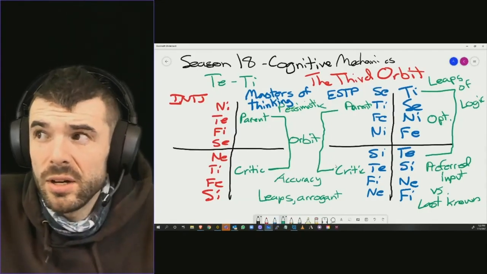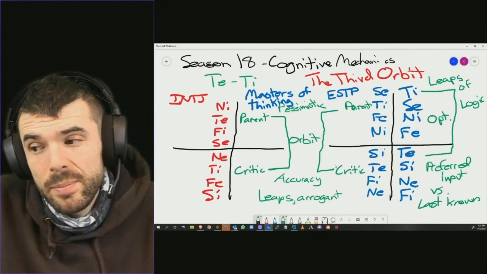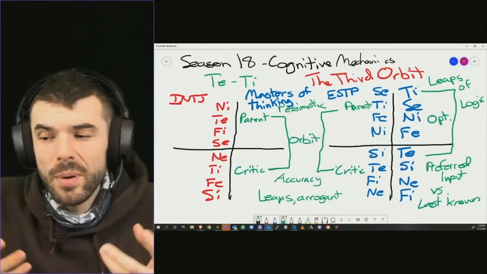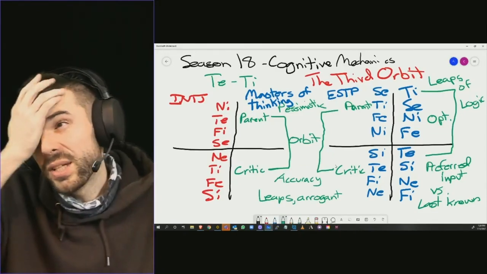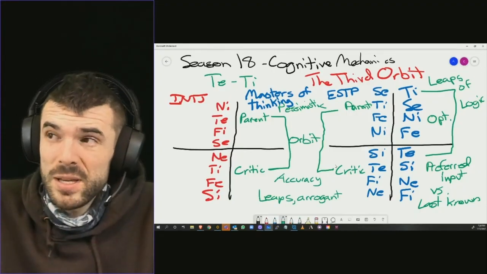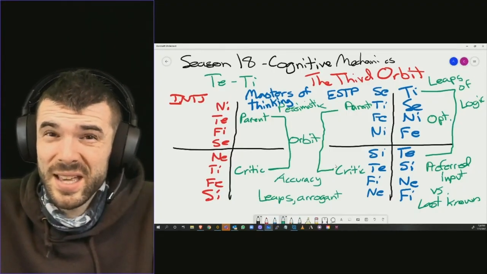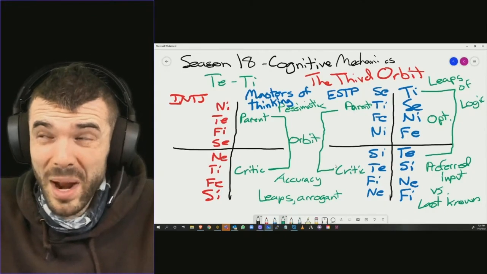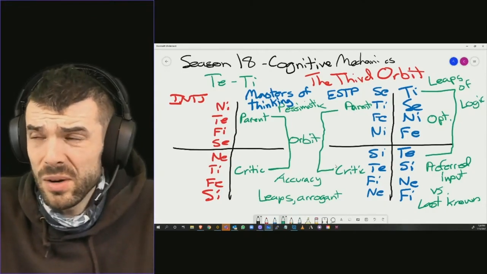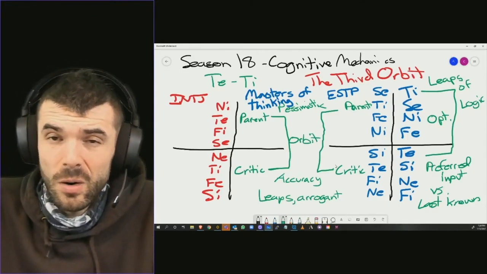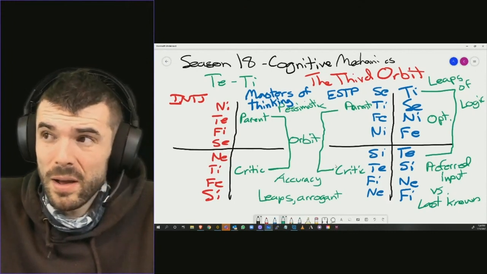And while the TI Hero is technically on paper the best processor, or potentially the most intelligent of all the types, the problem is that the TI Parent still has a higher chance of being more correct and more accurate than the TI Hero. That's why the hero often adheres to the parent a lot for advice.